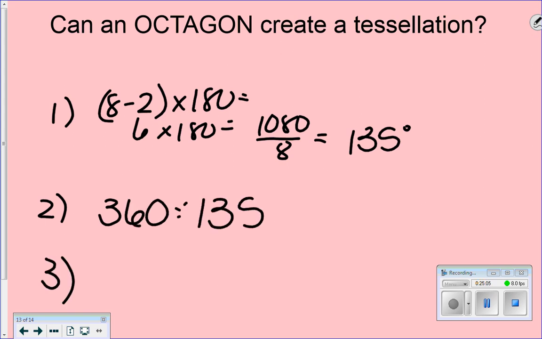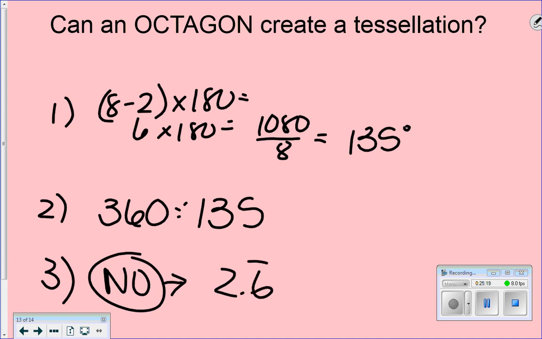You can probably tell what this is going to be already. So does it tessellate? No. 360 divided by 135 is 2.6 repeating. Now, if we had one that came out as just a regular 3, then it would. Or just a regular 4, then it would. But if it has a decimal on the end, it's not going to. If it comes out as a whole number, it will.